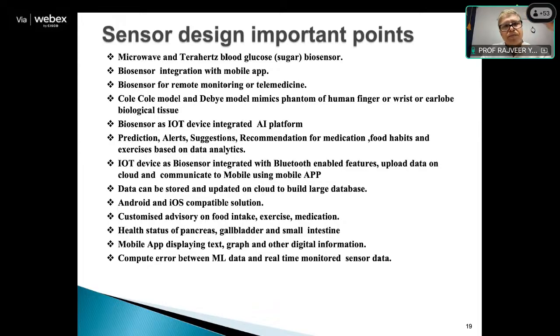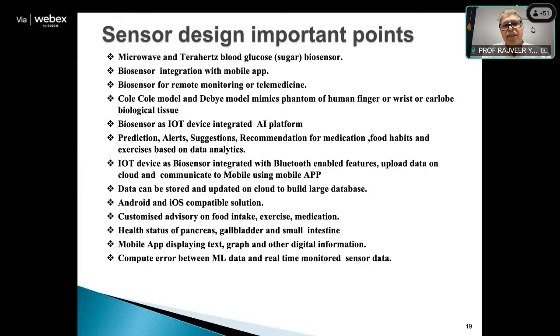Now, while developing either a microwave or optical or terahertz sensor, there are a few important parameters we need to consider. I have highlighted these parameters. Maybe microwave, terahertz, both frequencies, both spectrums can be used to develop these biosensors.